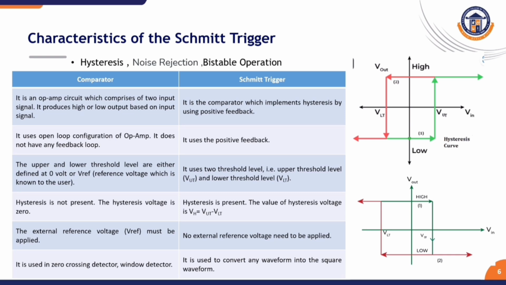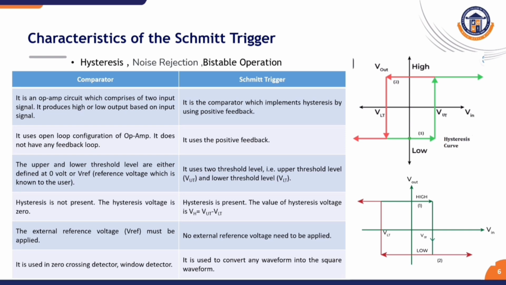Similarly, for the non-inverting Schmitt trigger, the output is the mirror image of the inverting one. The characteristics are hysteresis, noise rejection, and bistable operation, which means it switches between the upper threshold limit and the lower threshold limit. If you consider the Schmitt trigger and the normal comparator, there are some dissimilarities.